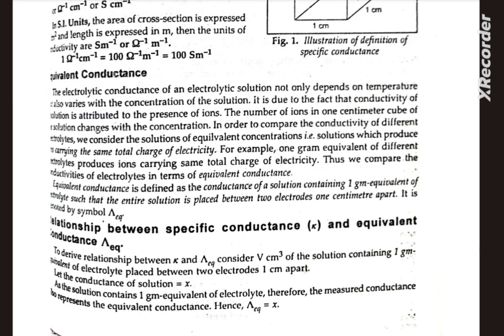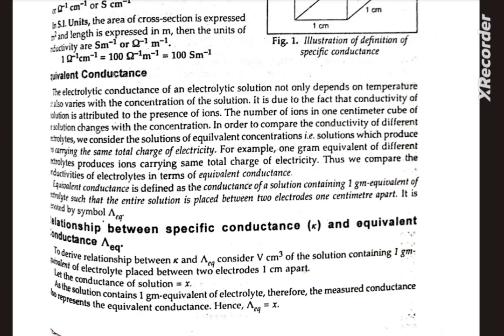In order to compare the conductivity of different electrolytes, we consider solutions of equivalent concentration, that is, solutions which produce ions carrying the same total charge of electricity. For example, 1 gram equivalent of different electrolytes produces ions carrying the same total charge of electricity.